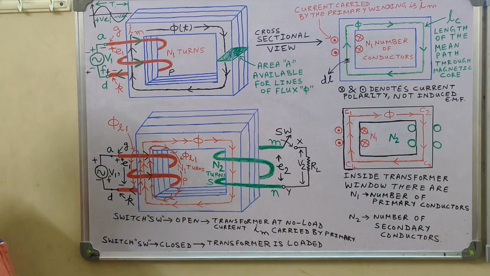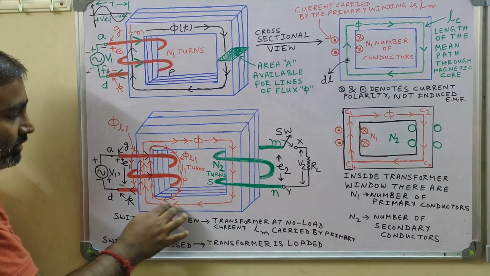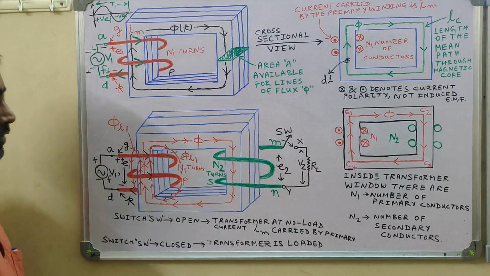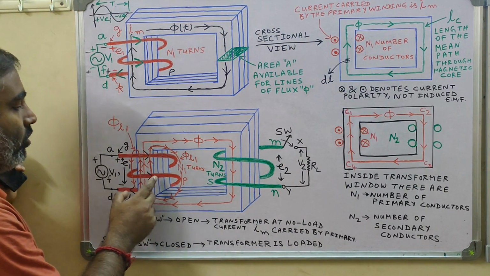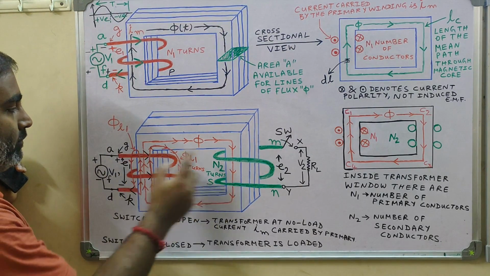Now it is very logical to call those magnetic lines of flux which are passing through the magnetic core of the transformer the mutual flux, because you see the primary coil and secondary coil are wound across these limbs.